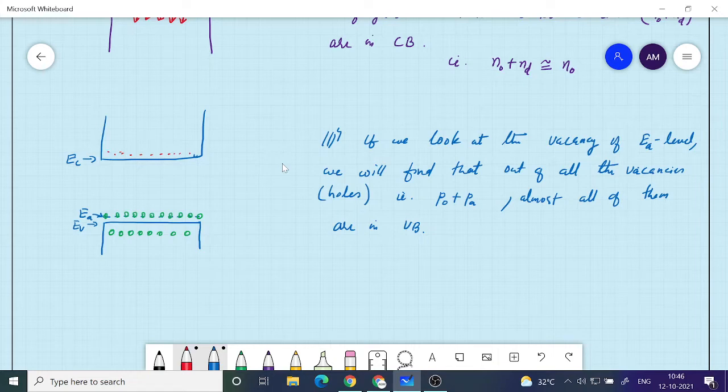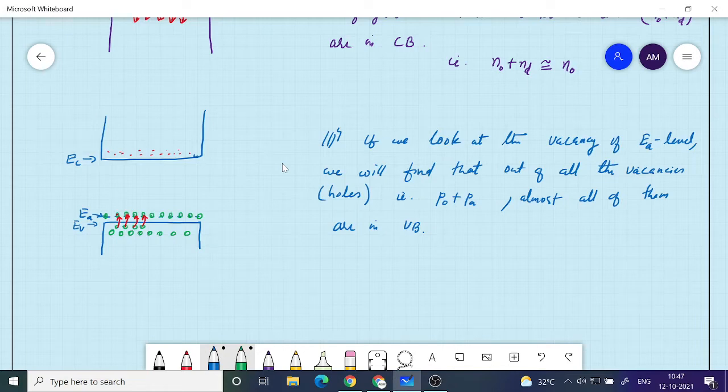And then what happens? Once you create these vacancies here, the electrons which are in the conduction band will go to this point and get occupied. Whenever they go, they create one additional hole, because they are getting enough energy to move and occupy this higher level. So they leave behind a hole here.